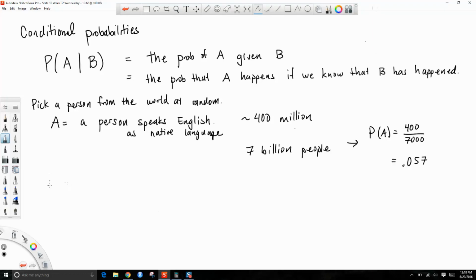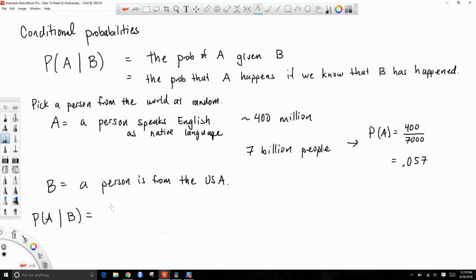Okay, let's say B is a person is from the United States. What we're going to ask now is, what is the probability that someone speaks English as their native language if the person we select is from the United States?